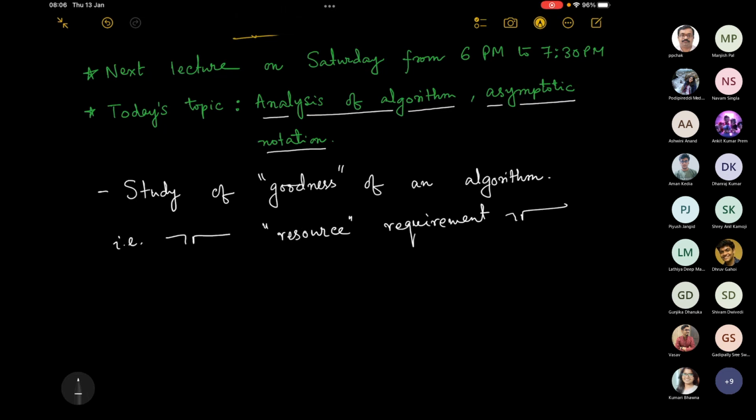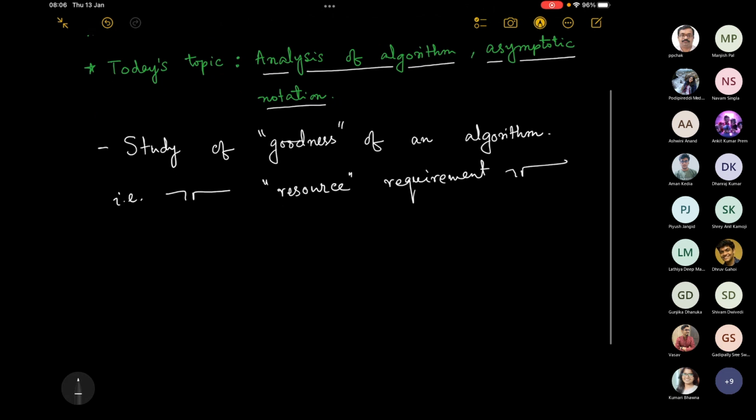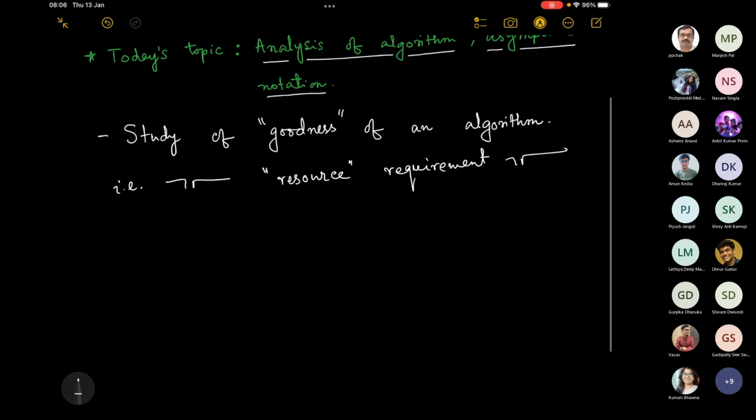Now, what do we mean by resource? The resource can depend on context. So here are the possible resources. Most often, the resource that we want to minimize is time, the time taken to execute.